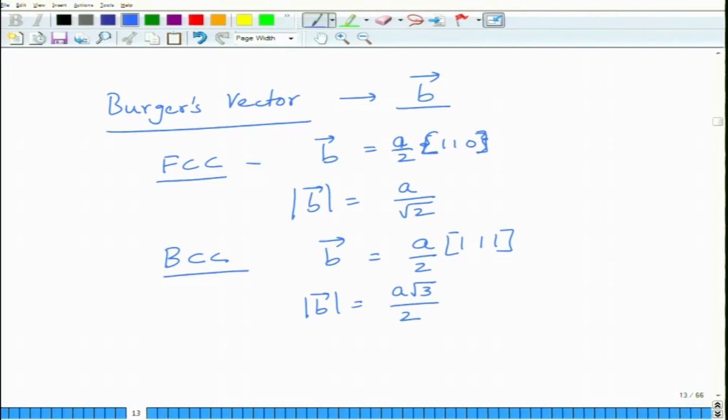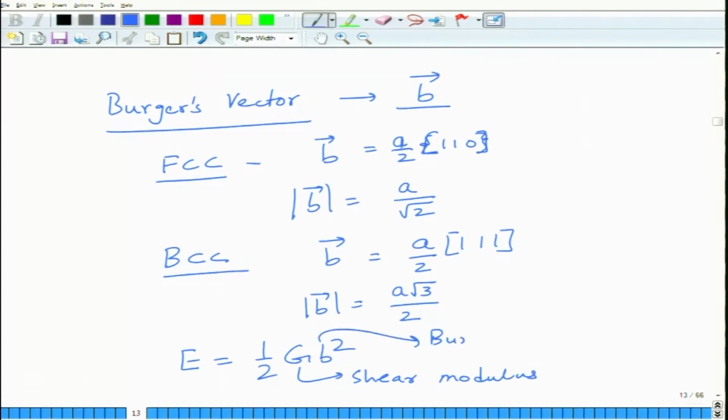So this is how you calculate the Burgers vector lengths. These dislocations have energy as well. The energy of dislocations is expressed as half of G B square, where G is the shear modulus and B is the magnitude of the Burgers vector.